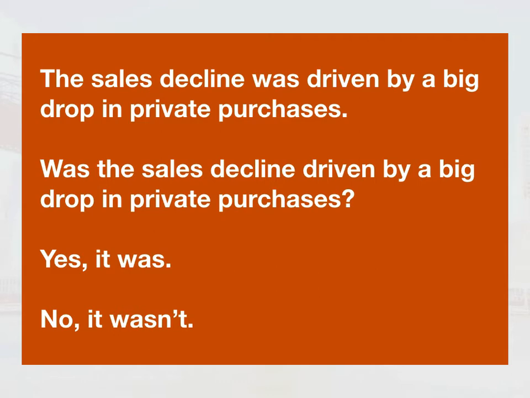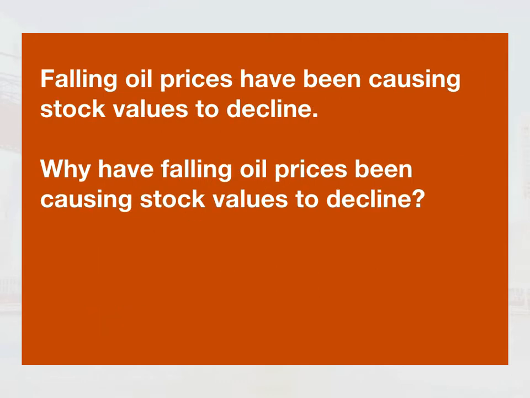Let's look at another example. Falling oil prices have been causing stock values to decline. Why have falling oil prices been causing stock values to decline? This is another question. We're going to make this question, in this case, using what we call a question word, why.